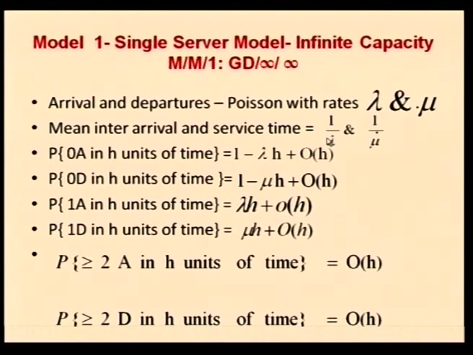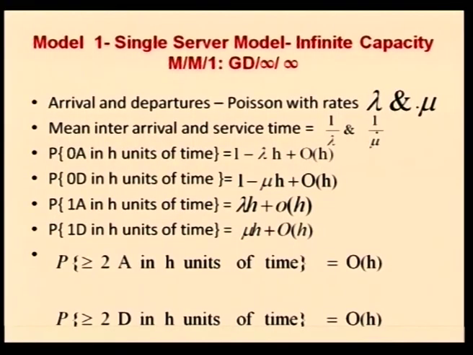Because the underlying counting process is a Poisson process, be it that of arrivals or that associated with departures. So the inter-arrival times in both cases are exponential. The respective means will be 1 by the parameter, hence for arrivals it is 1 by lambda and for departures it is 1 by mu.